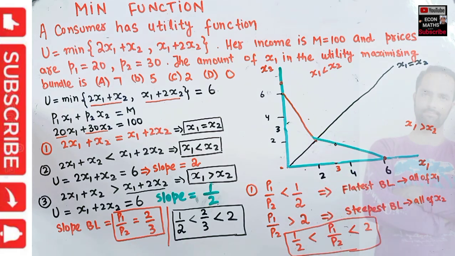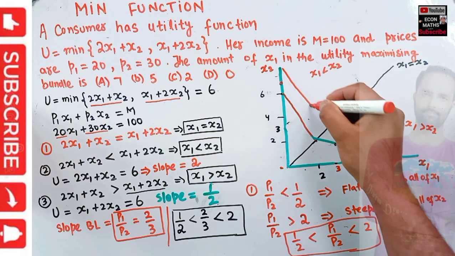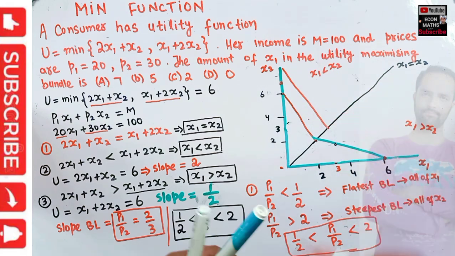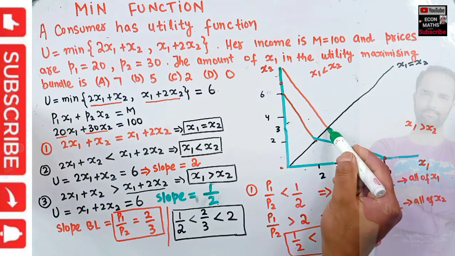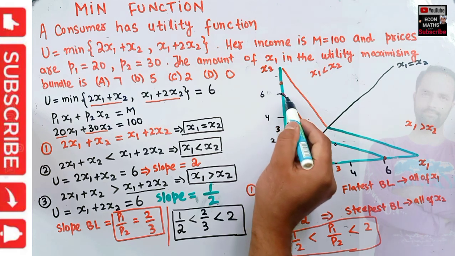Let me draw here another for the sake of simplicity. In this case, what will be our budget line? The budget line will pass through the kink like this.